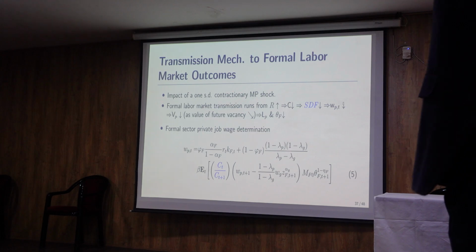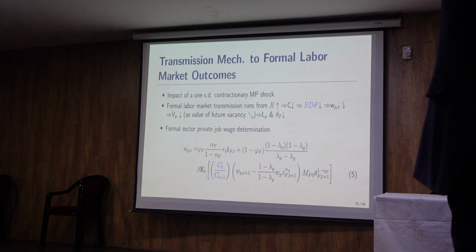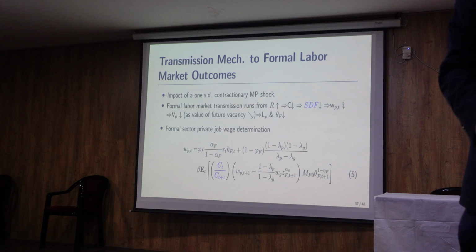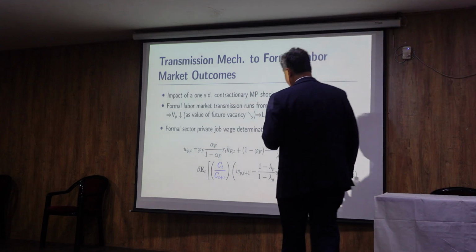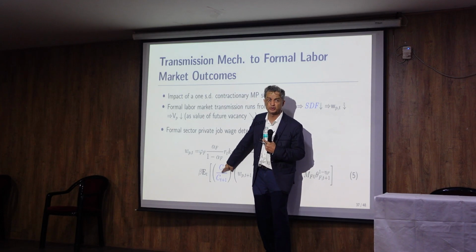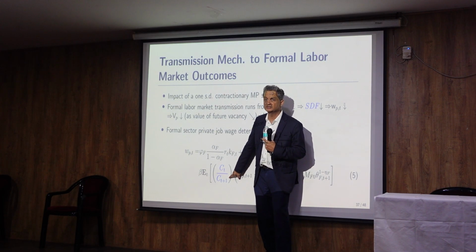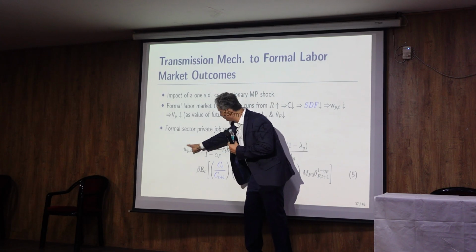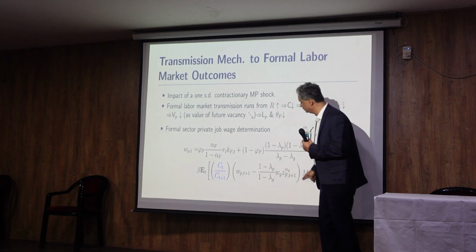You have a lot of C_t. Are you willing to give up a lot of C_t to get 1 unit of consumption tomorrow? Yes. MRS is high. So the MRS actually ends up becoming beta C_t over C_{t+1}. This is log utility, so this is U prime of C_{t+1} over U prime of C_t, that is 1 over C_{t+1} over 1 over C_t. So you get this. But the wage rate is based on all these different things.